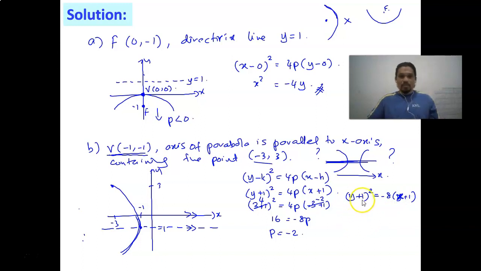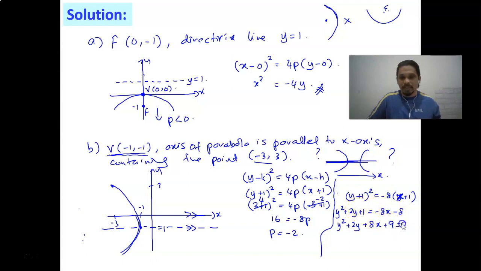Expand it: y squared plus 2y plus 1 equals negative 8x minus 8. So y squared plus 2y plus 8x plus 1 plus 8, which is plus 9, equals 0. This is the general equation of the parabola.